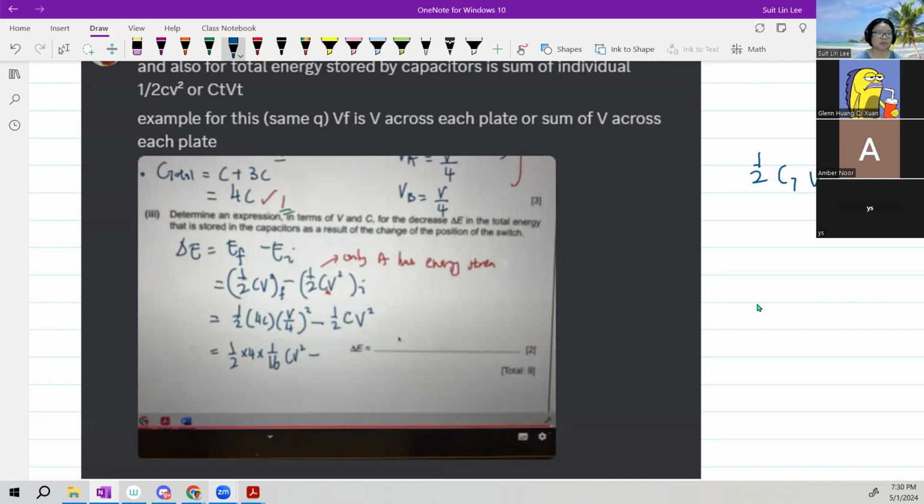The answer is yes, it will be the same, if you have a way to calculate the total capacitance and the total voltage.